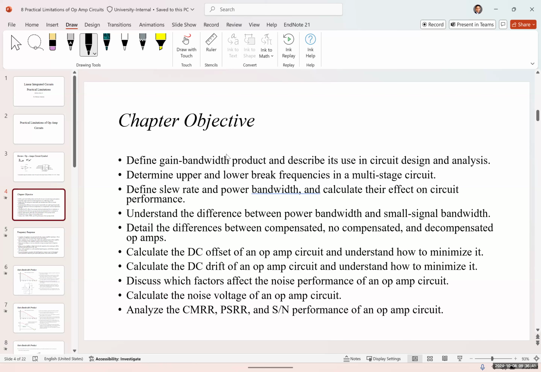Detail the difference between compensated, non-compensated, and decompensated op-amps. Calculate the DC offset and understand how to minimize it. Calculate the DC drift and understand how to minimize it. Discuss which factors affect the noise performance of an op-amp circuit. Calculate the noise voltage of an op-amp circuit, and analyze the common mode rejection ratio, signal to noise ratio, and so on.